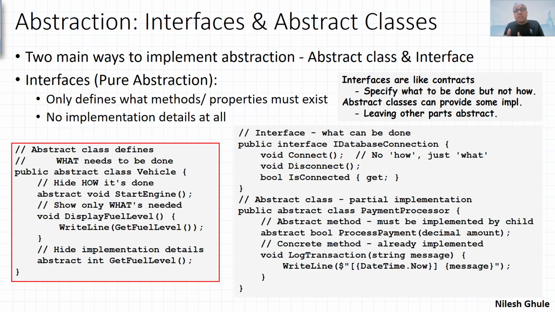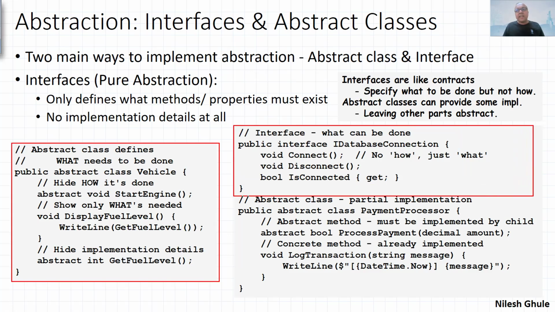But another method of doing the same thing is interfaces. You can see the example of an interface over here. An interface keeps talking about what can be done. Here, one example I have given is a simple database connection. For any simple database connection, the basic idea is to connect to the database and disconnect from the database, and a simple getter method to check whether it is connected or not.